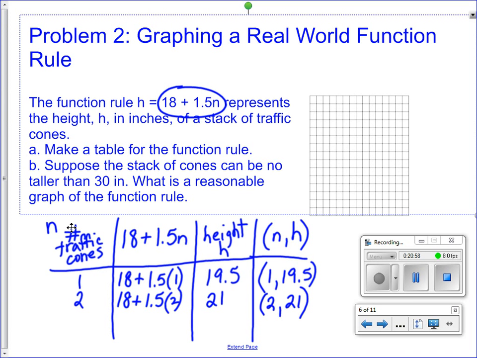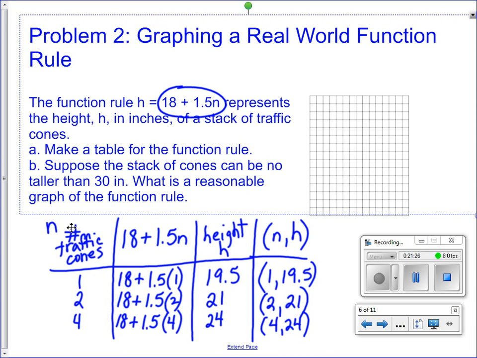All right, I'm going to skip 3. Let's go with 4. 4 traffic cones. So I have 18 plus 1.5 times 4. 1.5 times 4 is 6. 6 added on to 18 is 24. And so I have the ordered pair 4, 24.